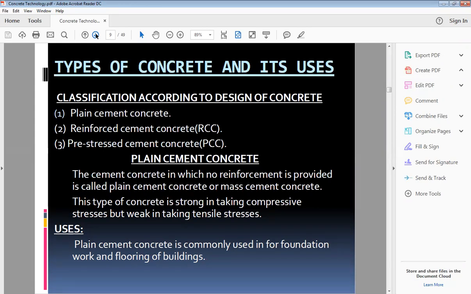We do not use plain cement concrete in slabs or any other component of a building which takes heavy loads. We just provide it to make a solid base for other structural components like foundations, etc.